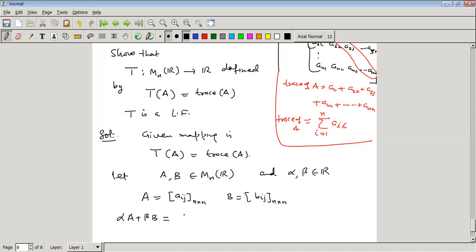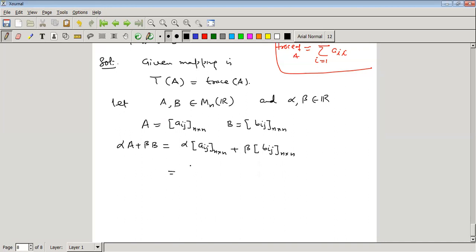It is alpha times Aij plus beta times Bij. Because alpha and beta are scalars, we can multiply alpha with each element of matrix A, and similarly beta with each element of matrix B. Because both matrices are of the same order, we can add them, so this becomes alpha Aij plus beta Bij of order n cross n. So this is our alpha A plus beta B.